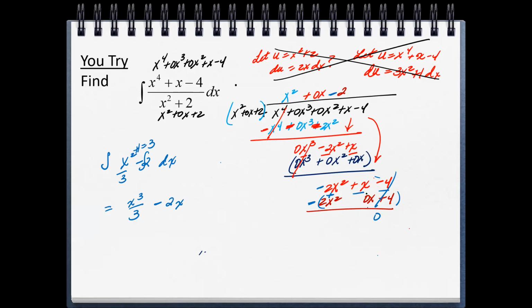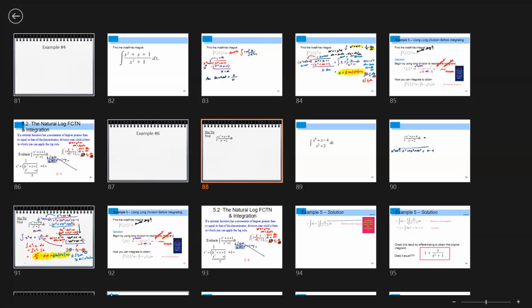I just realized here. The x minus a 0x doesn't give me a 0, it actually gives me an x. So plus, remember, when you do this, it's always plus the remainder over the divisor. So plus x over x squared plus 2, which is your divisor. So you have to integrate this part as well. Oops, sorry about that.